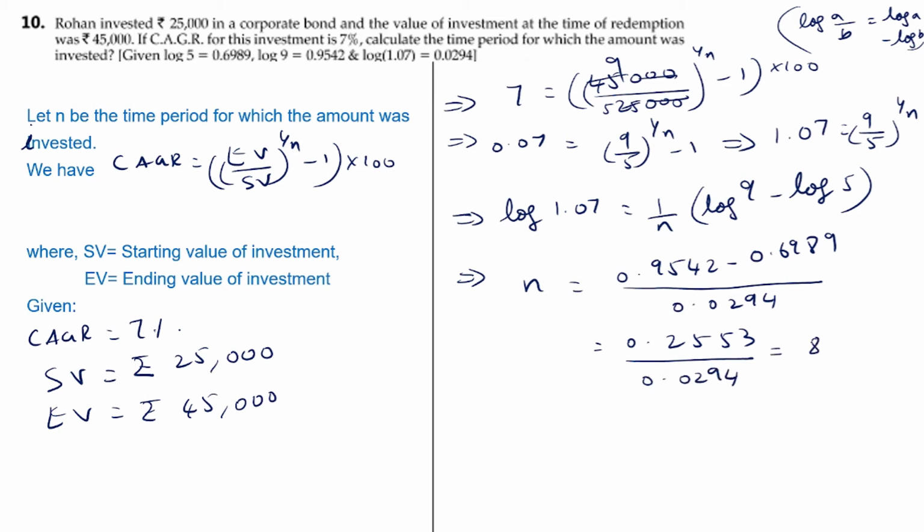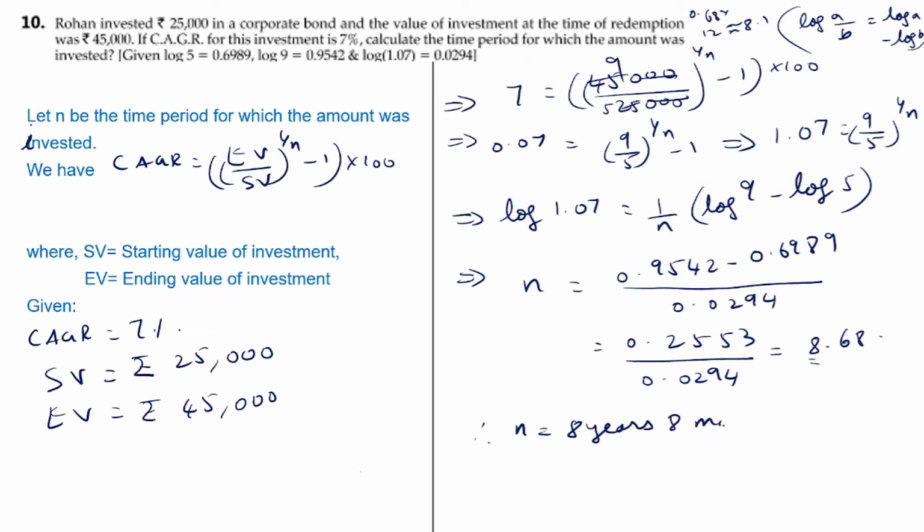This when we simplify, we get it as 8.68. Or it is 8 years and 0.68. 0.68 is nothing but 0.68 into 12 months. 0.68 into 12 is approximately equal to 8.1. So we have n as 8 years and 8 months. Therefore, n is equal to 8 years, 8 months.